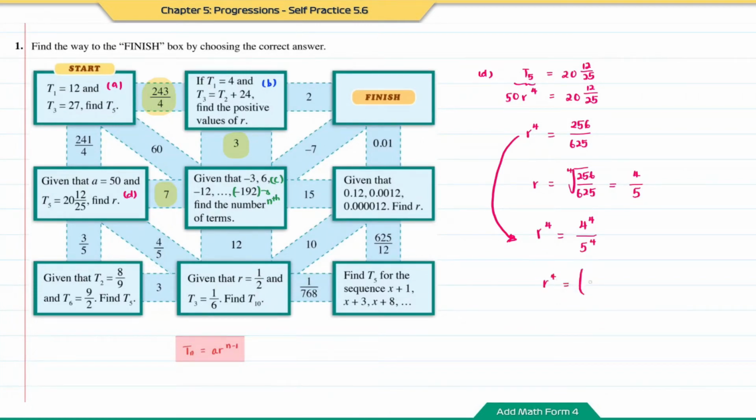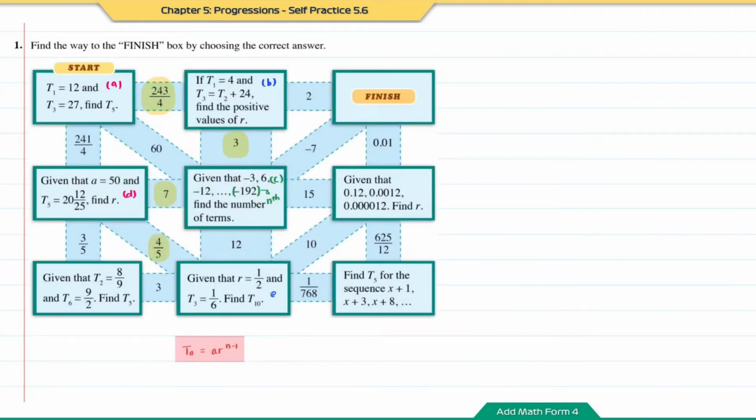Next, I can write this as 4 over 5 to the power of 4. So on the left hand side and right hand side, we have the same power. So in order for them to be equal to each other, I can just compare the numbers. So R is equal to 4 over 5.